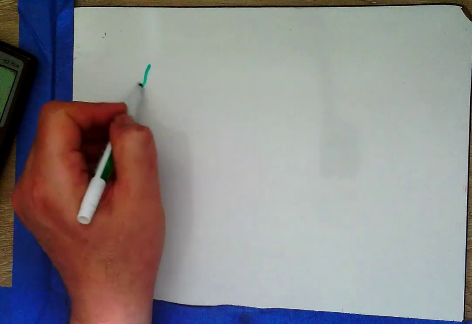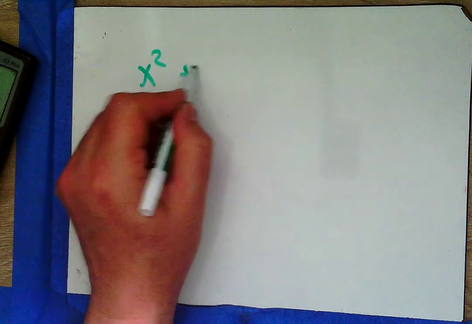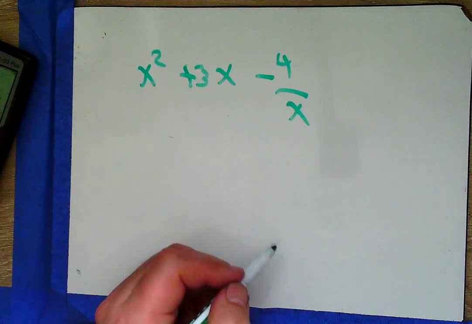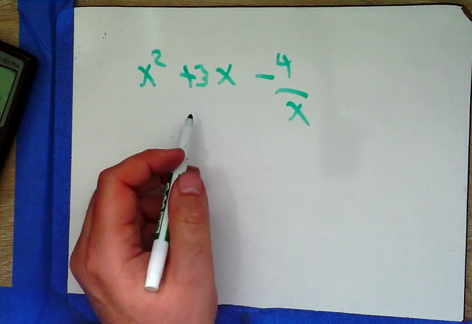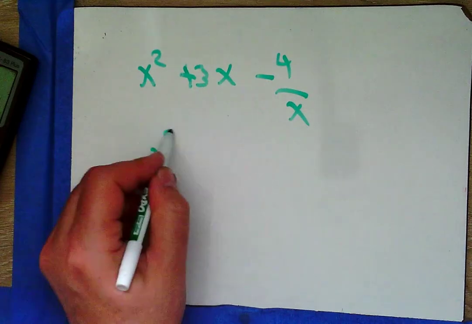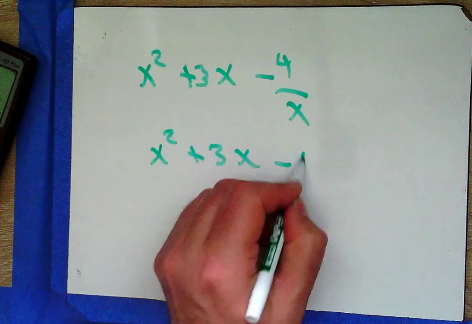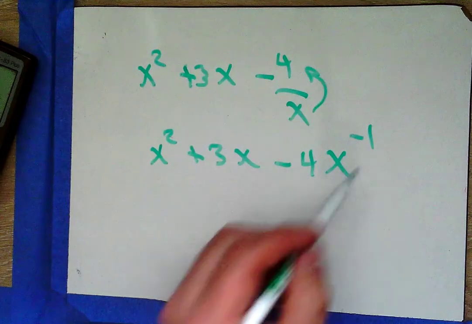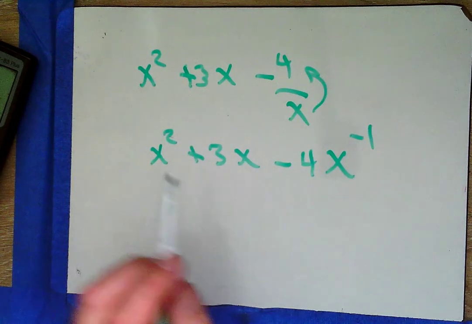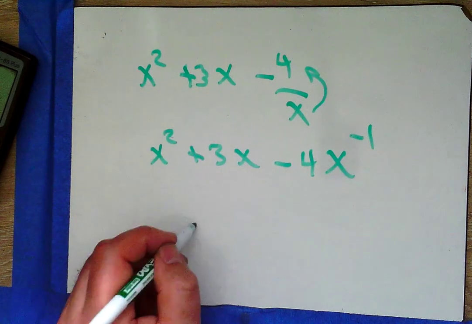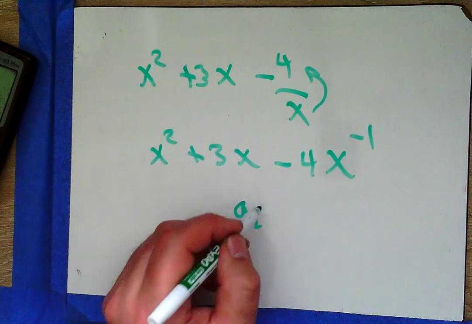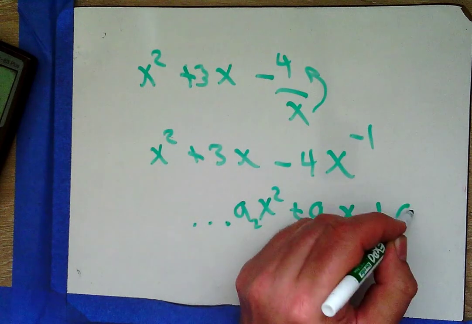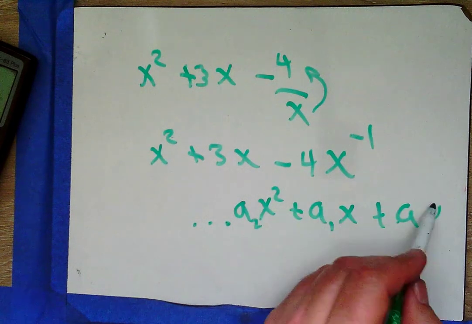So how about x squared plus 3x minus 4 over x? Well, is this in that same form? Think about this for a moment. x squared plus 3x minus 4x to the negative 1. So I flip that back up and turn x into the negative 1. When we looked at that general form, dot dot dot a sub 2 x squared plus a sub 1 x plus a sub 0 x to the 0.